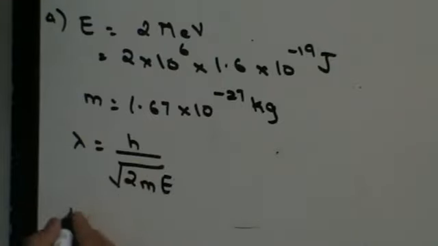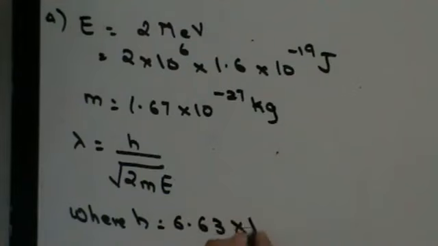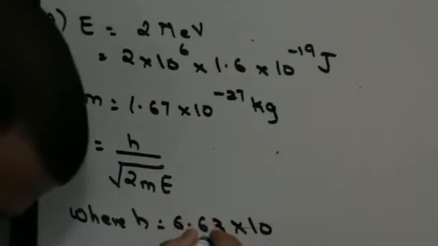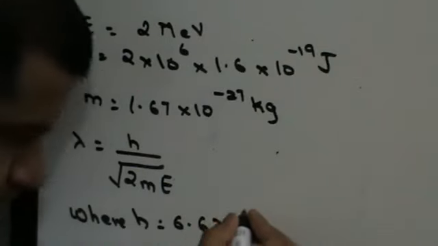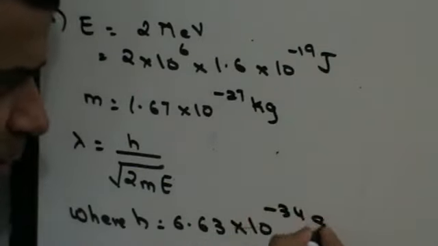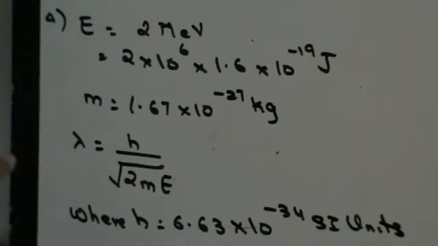I can say h is nothing but 6.63 into 10 raised to minus 34 SI units. So h I know, 2mE, all the values are given to me. So all you need to do is just substitute and get the answer.